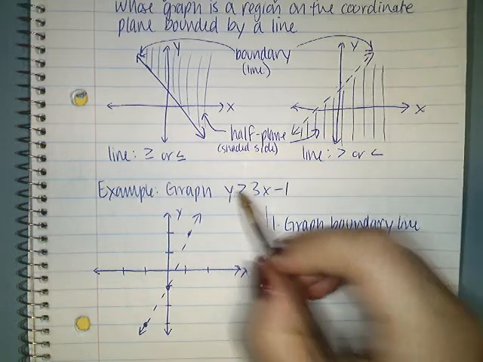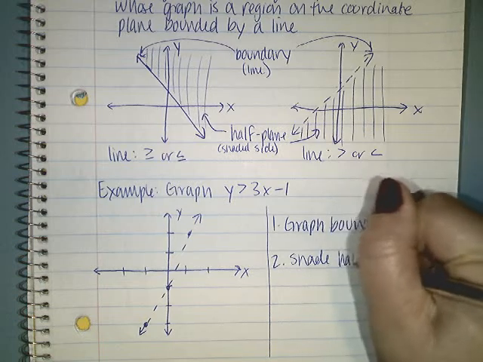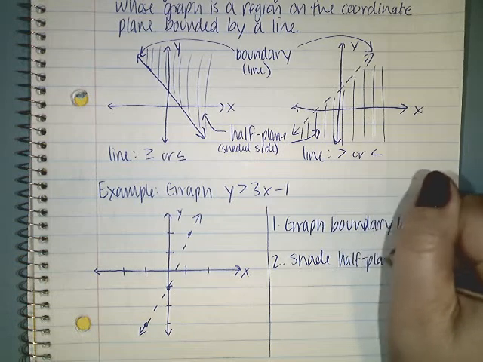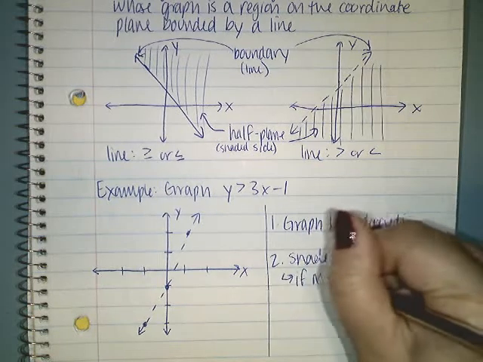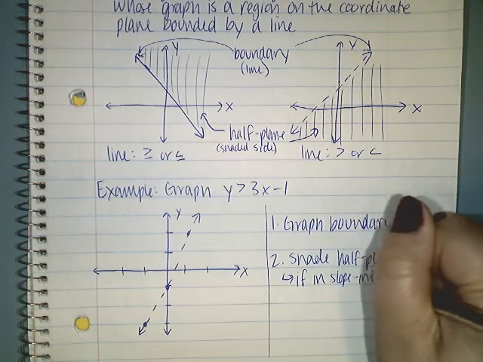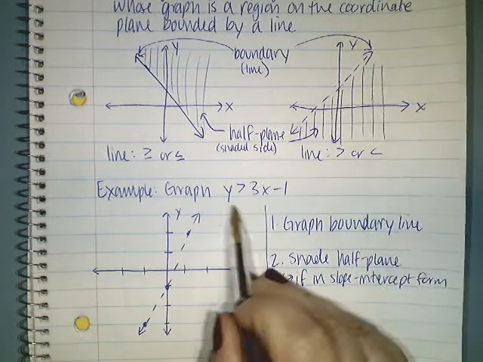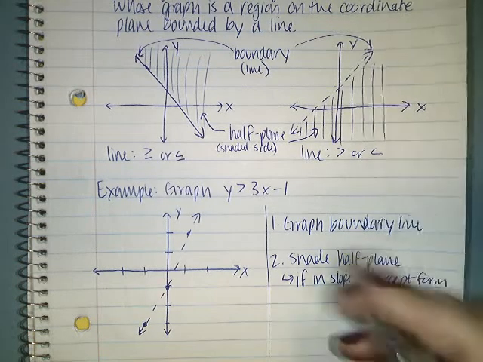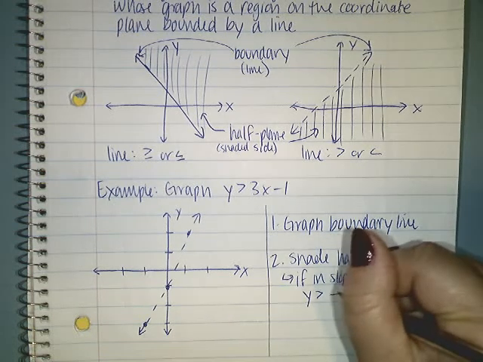And the way I do that, if it's linear, shade the half plane. There's a couple different things to keep in mind here. If it is in slope intercept form, so y equals mx plus b, which is what we have right here, then if y is greater than, you shade above.